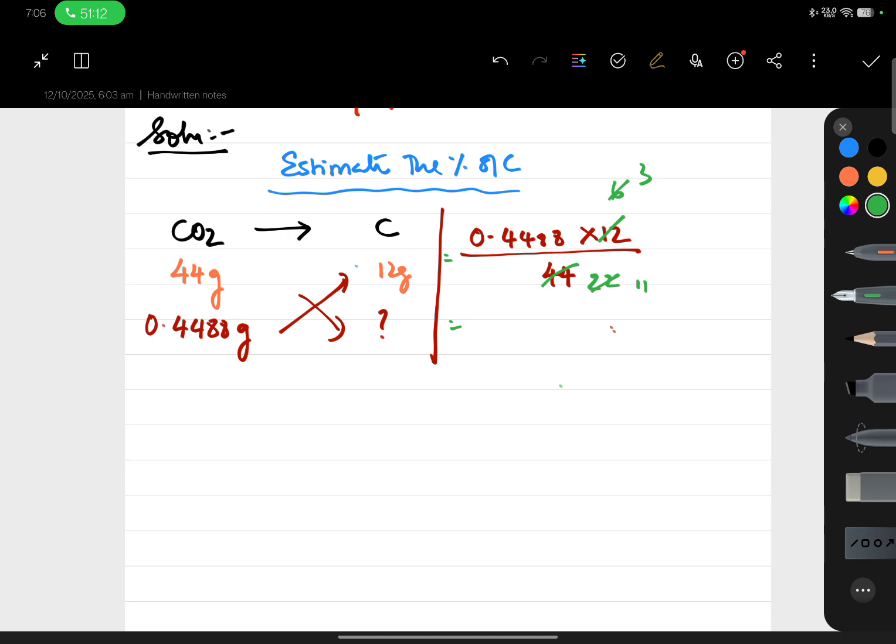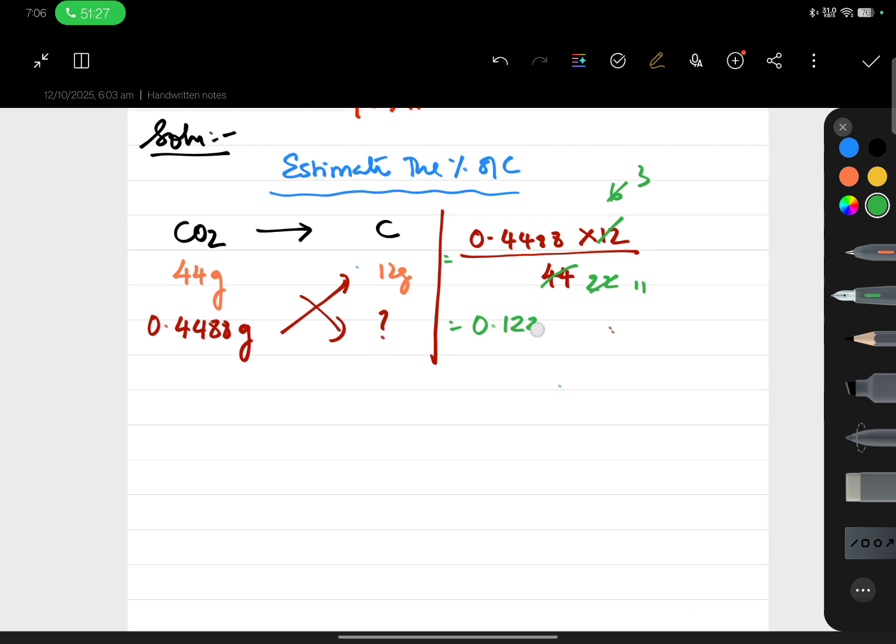That is why I asked you to have a calculator: 0.4488 into 3 divided by 11. So what is the mass of carbon? 0.1224 grams of carbon. I said carbon dioxide, sorry. Okay, so you're clear? Now we have the carbon.